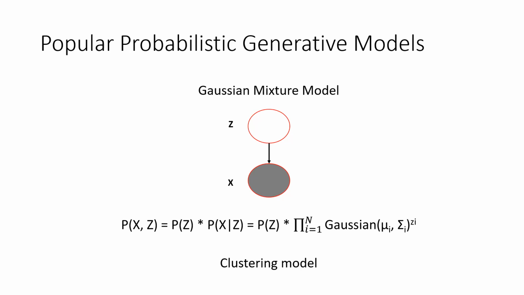And we have a latent variable, this Z variable, which for every point chooses which Gaussian to assign it to. Okay. Any questions on the Gaussian mixture model?